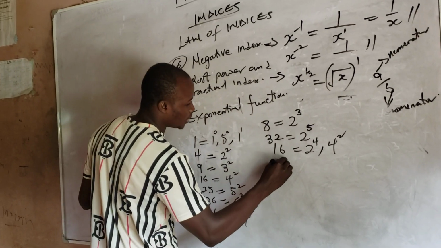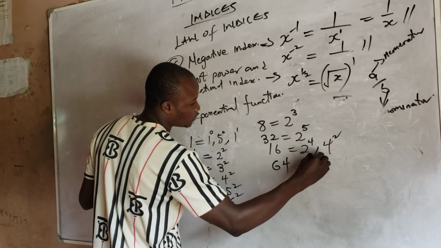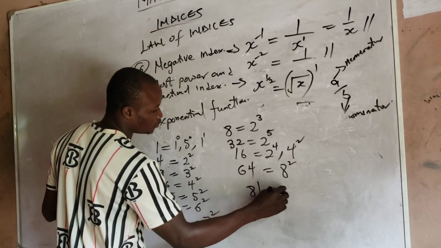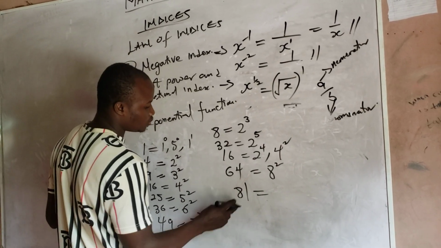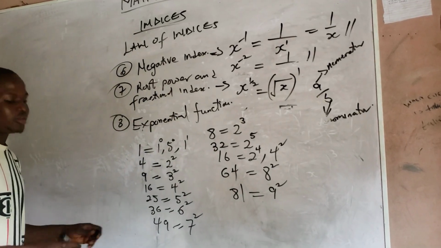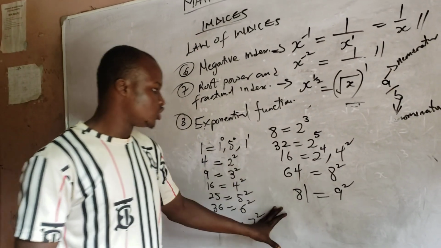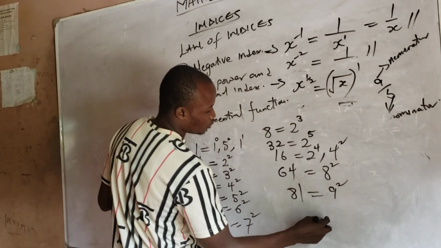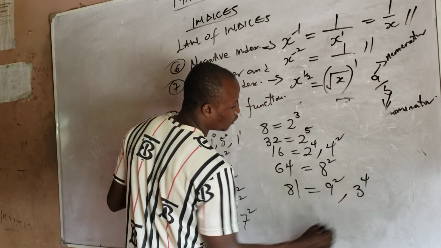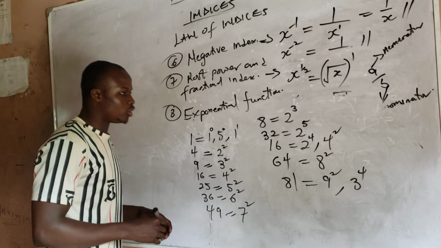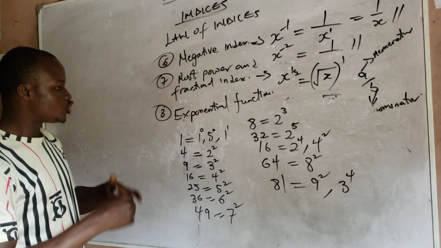They do ask 64, which is 8 raised to the power 2. They do ask 81, which is 9 raised to the power of 2. So they ask this a lot. You can also say 3 raised to the power of 4.